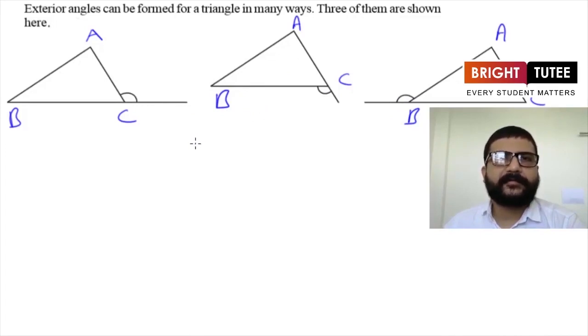No. On one vertex we can have at most two exterior angles. Now one for B is already given.